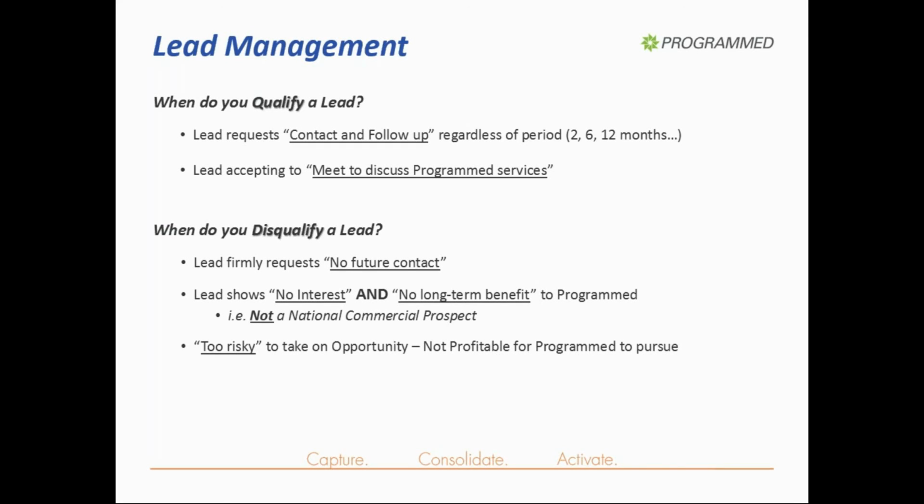And I'll change the perspective around here. If it is a website inquiry as an example, what would we expect as an individual? What would we expect if we were to put in our details through a provider's website? What would we expect the turnaround to be in terms of that response from the provider? Would we expect to be contacted within a matter of days, or hours, or weeks, or months?